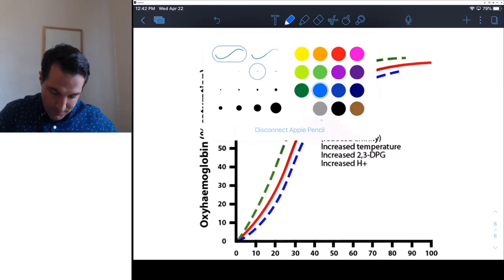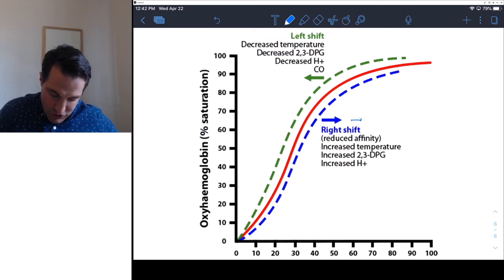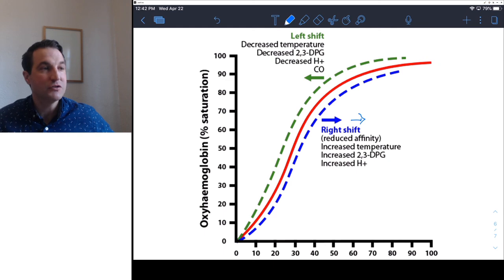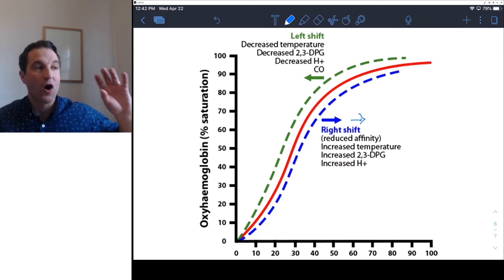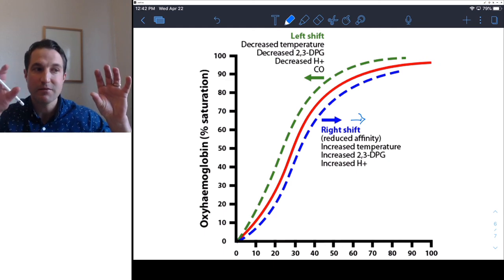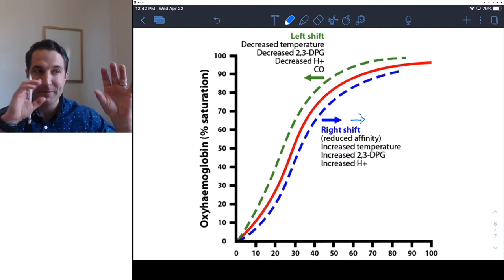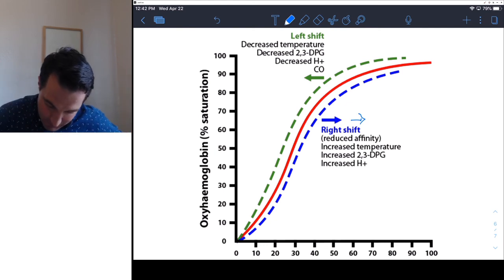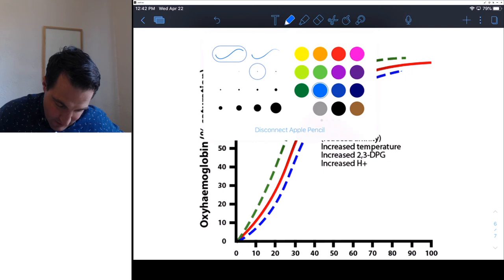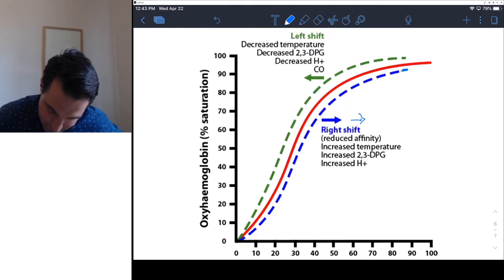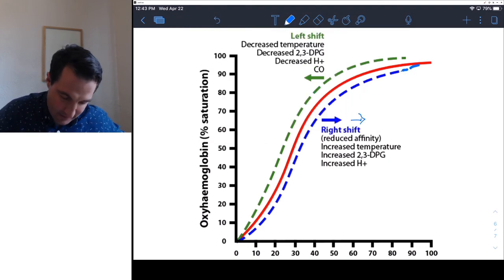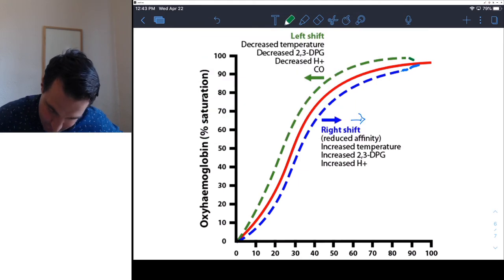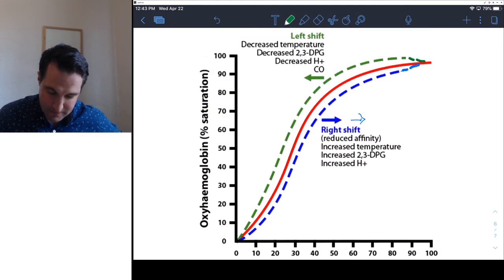And overall, if we think about this right shift right here, this tells us about a reduced affinity of our oxygen for our hemoglobin. So if we were to carry these lines out, right like that, right like that, okay?